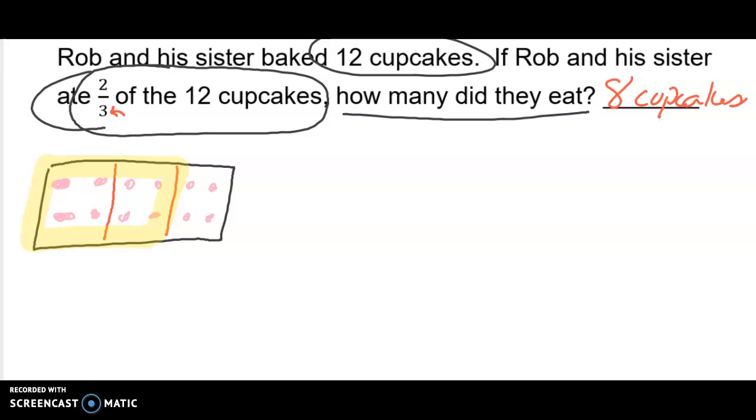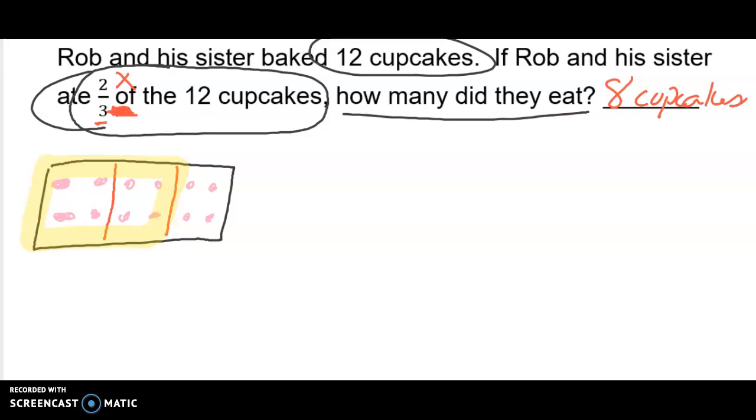Now there's a shortcut. It all has to do with this word right here, of. And it's not every of. It's a piece of something. So if he ate 2/3 of something, when you're taking a part of something, that of means to multiply.